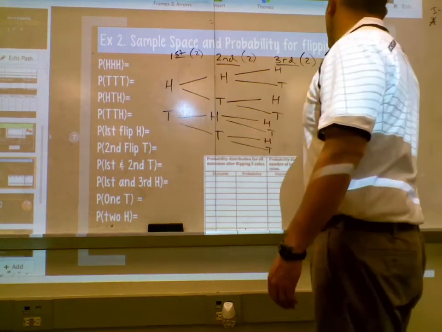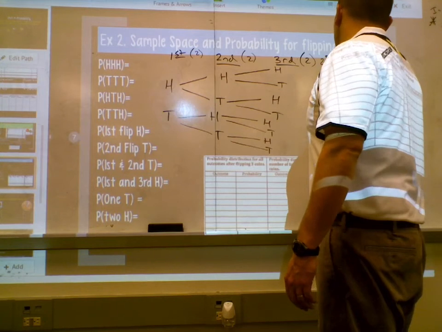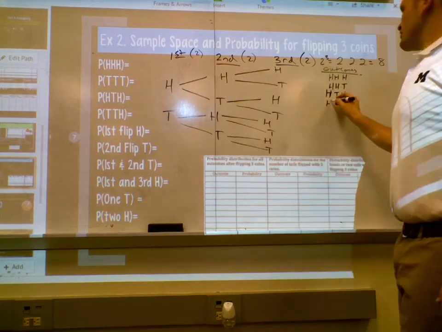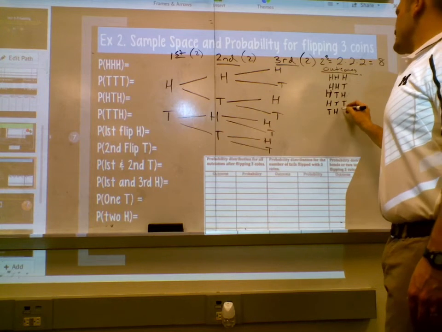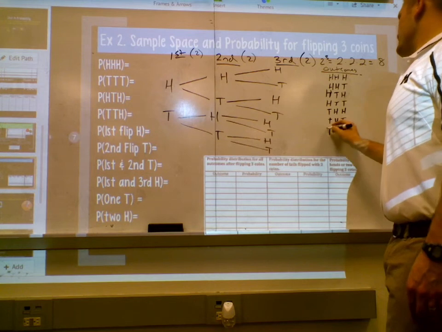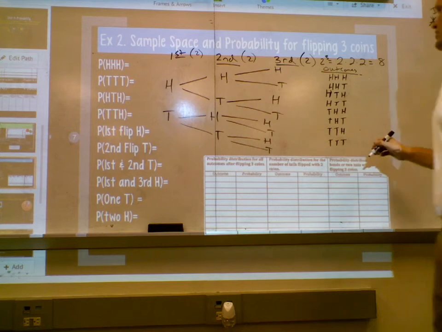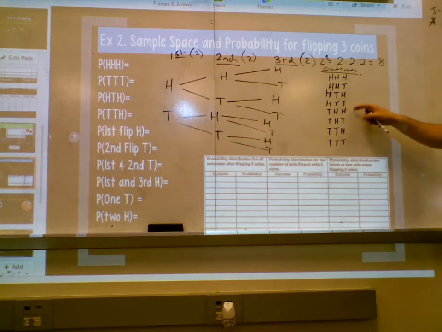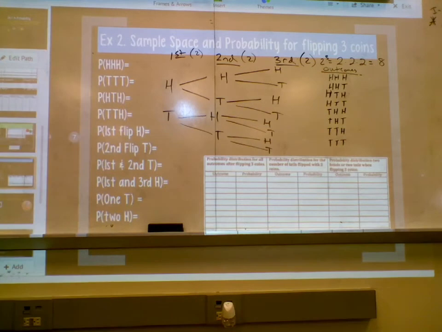Then heads, tails, heads. Then heads, tails, tails, right? Then tails, heads, heads. Tails, heads, tails. Tails, tails, heads. Tails, tails, tails. Make sure I have them all. 1, 2, 3, 4, 5, 6, 7, 8. Good, I got them all. Okay. Does that make sense, guys?